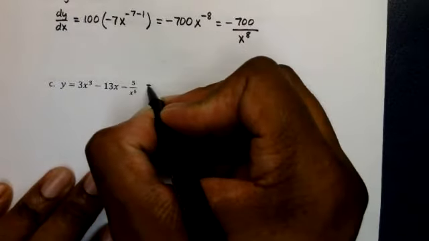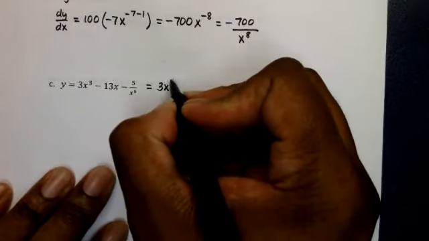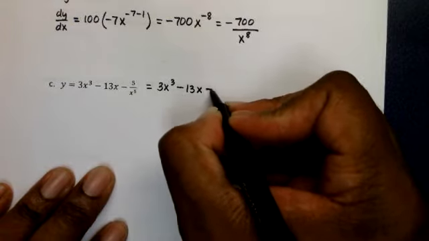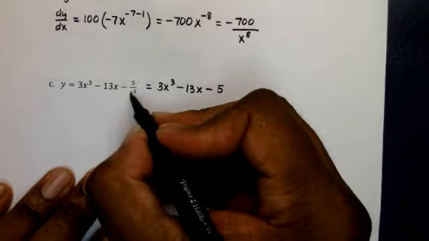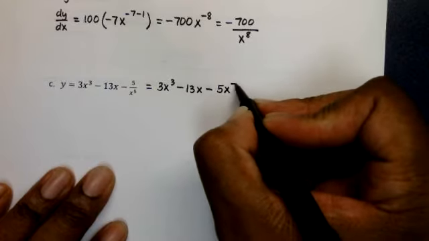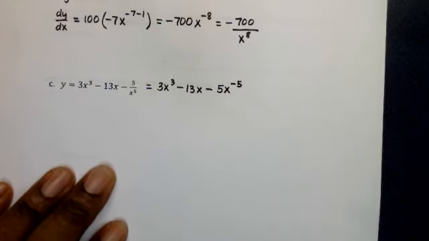So I still have the 3x cubed minus 13x minus 5. But if I pull the x out of the denominator, that 5 for that exponent of x becomes negative. So my y is now 3x cubed minus 13x minus 5x to the negative fifth.